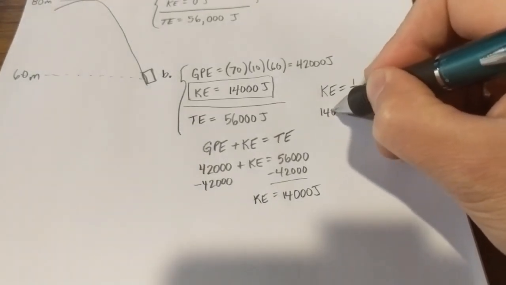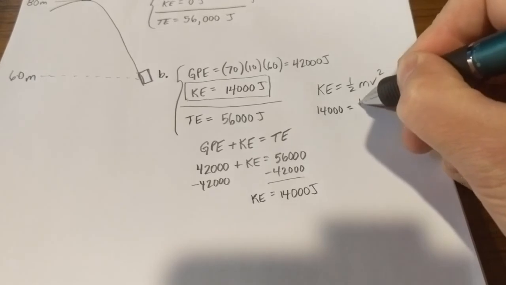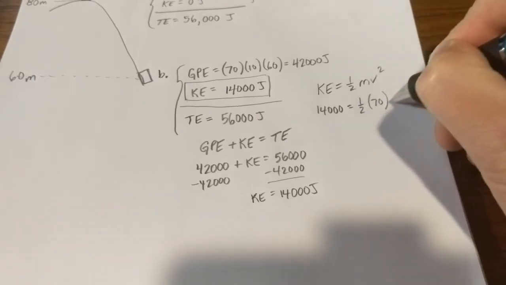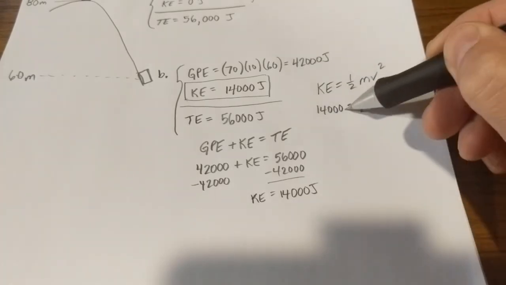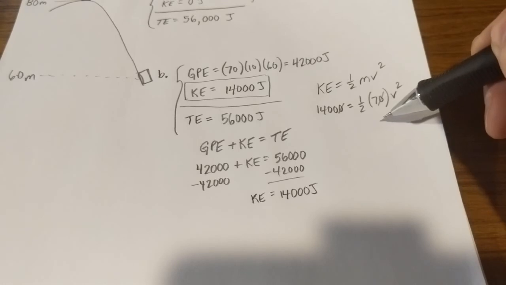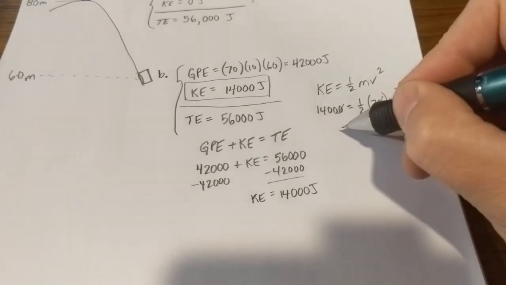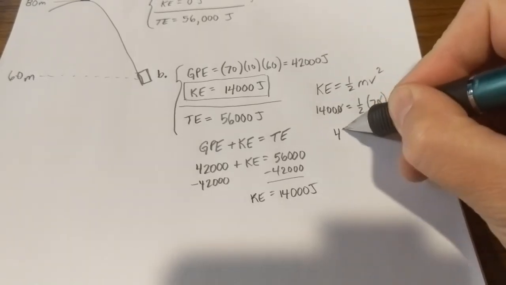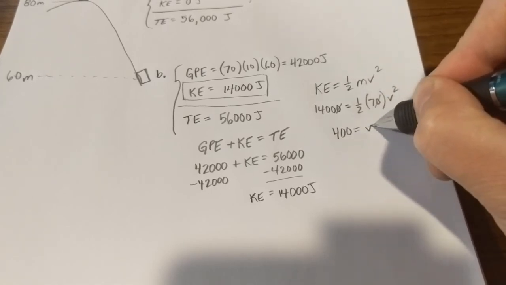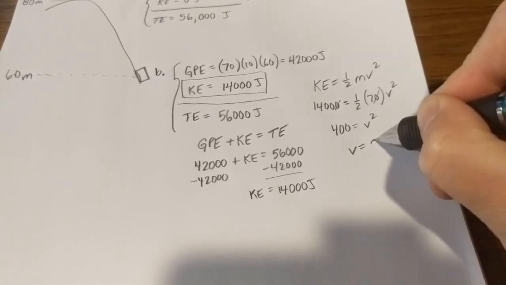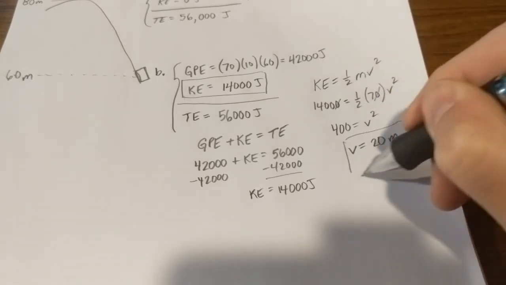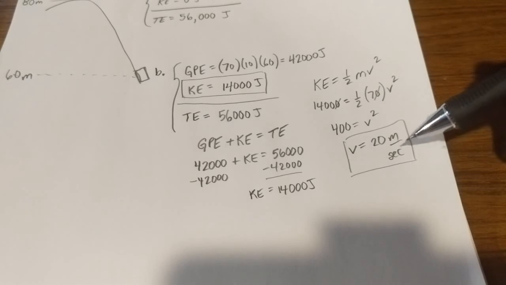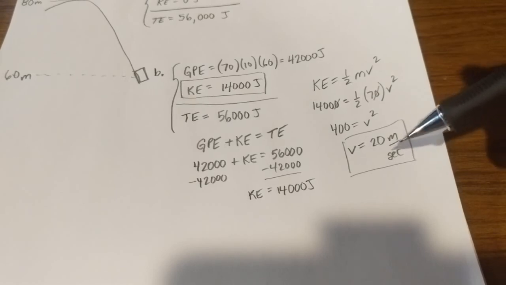And 14,000 must be equal to half of 70 times v squared. 14,000 divided by 70 is 200, times 2 means that v squared is 400, which means that v is 20 meters per second. We could never have found that out using kinematics or forces.